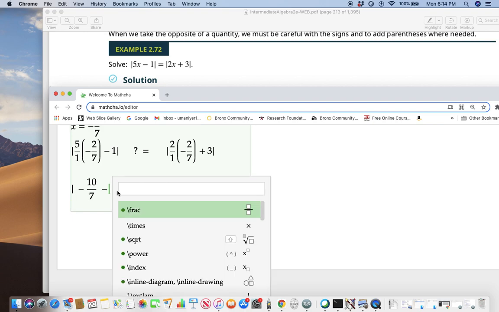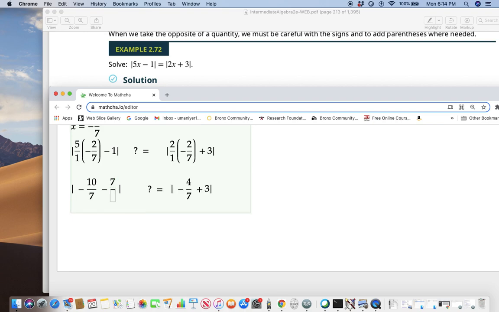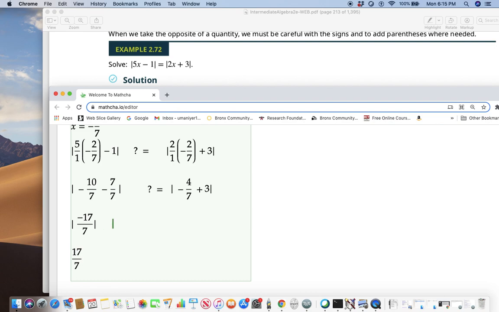Why don't I rewrite that minus 1 as minus 7 over 7, just so I have a common denominator of 7. Negative 10, negative 7, so that's negative 17. Absolute value of negative 17 sevenths is positive 17 sevenths.